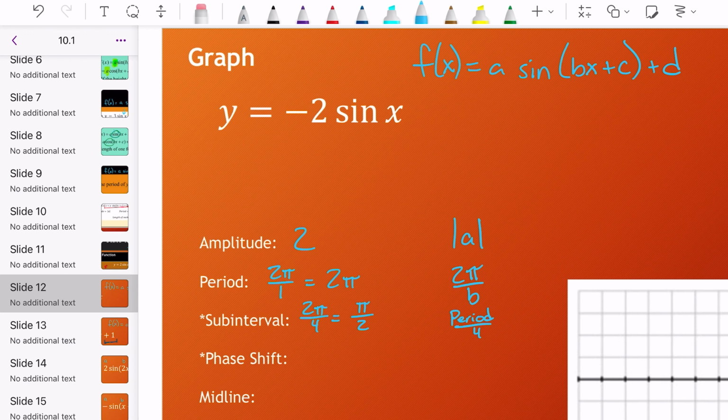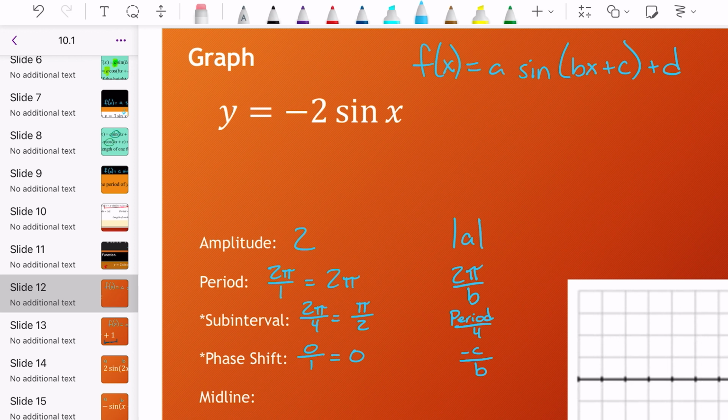Our next step would be our phase shift. Our phase shift is negative C over B. Now in this case, we do not have a C in this example, which means we are going to end up placing a 0 in its place. So this would be 0 divided by 1, which is equal to 0.